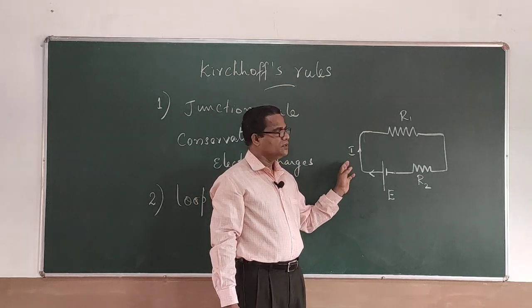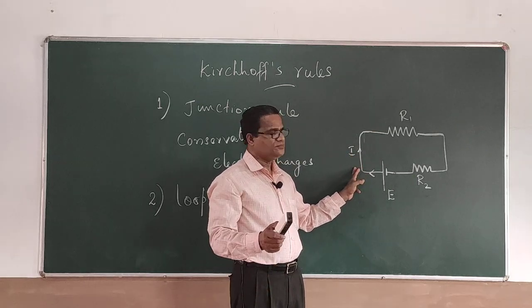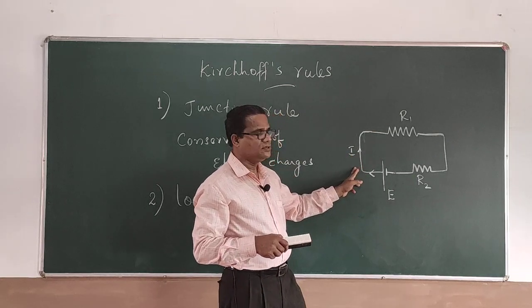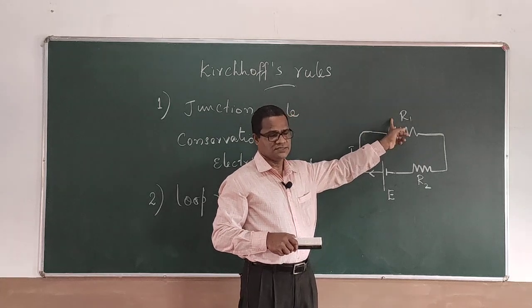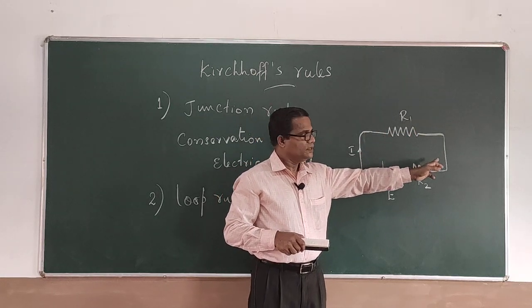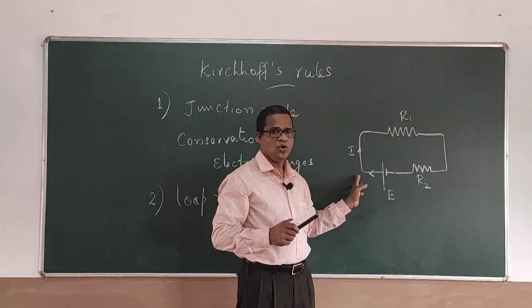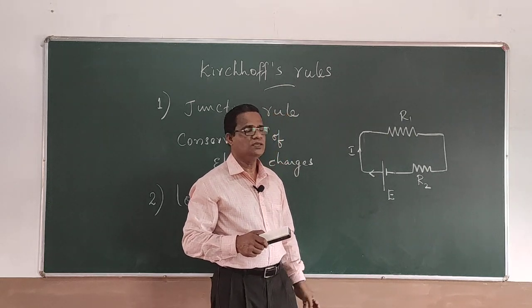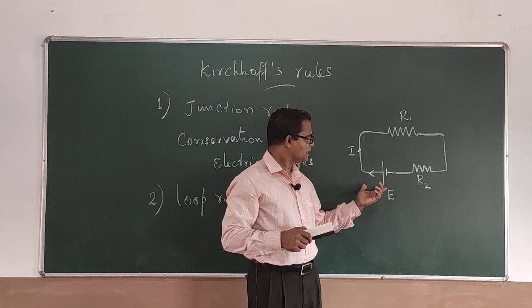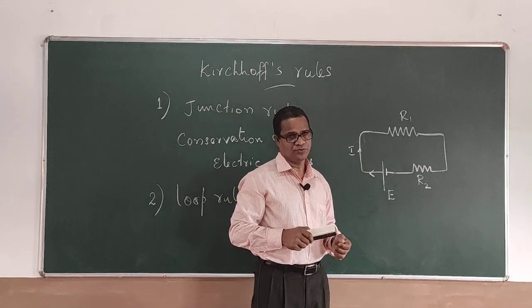Once again, the algebraic sum of the product of current and resistances in that closed loop will be equal to the algebraic sum of the EMFs connected in that closed loop.